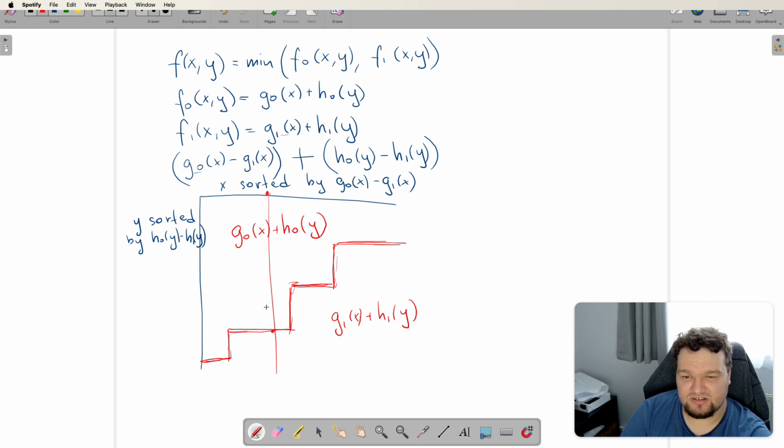Here we need to take g0 of x plus h0 of y, and here we need to take g1 of x plus h1 of y. g0 and g1 are just numbers because we have fixed x, so we need to multiply them by the length of those parts, but to take sums of h1 and h0, we need to pre-calculate prefix sums or something.